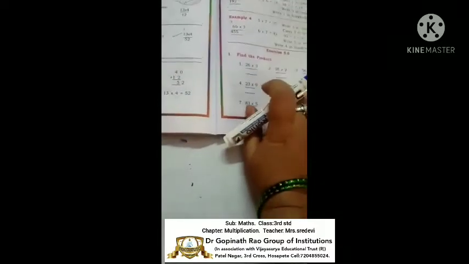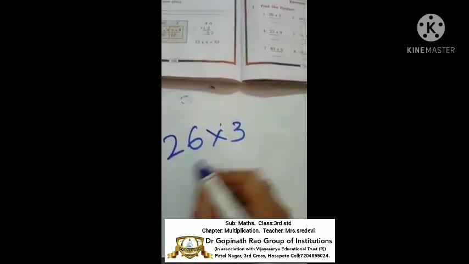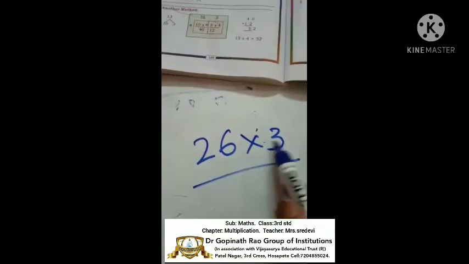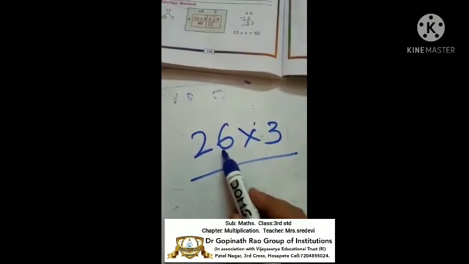Next here, we have examples. Here we have so many examples, children, and here is a solved exercise. 5.6. What is there? 26 into 3. How will you solve? 3 6s are?